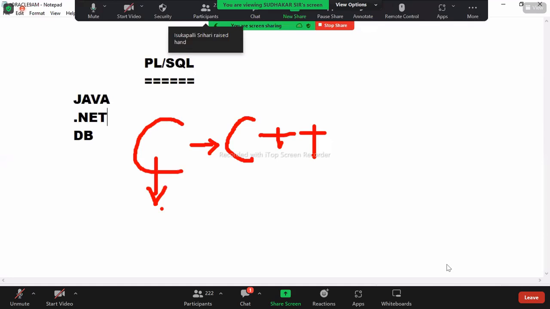But in Java and .NET, can you use destructors? No. Why, sir? Because we do not use destructors. Why? Because who does the destructor work? The garbage collector does it automatically. That is why Java and .NET people work on constructors but not on destructors.